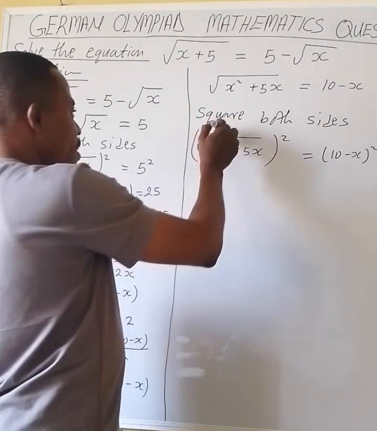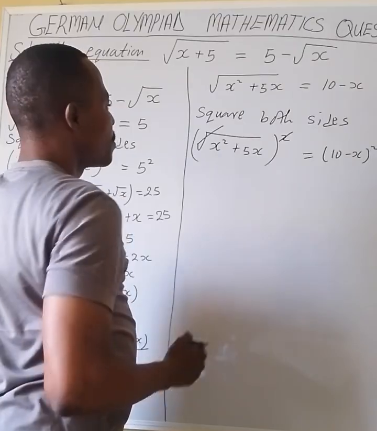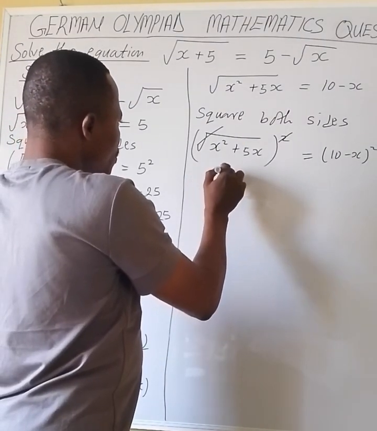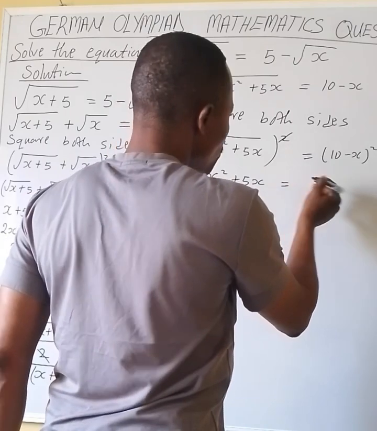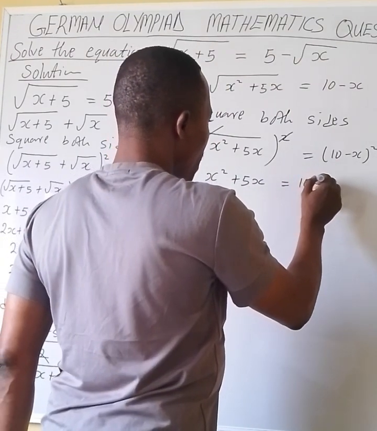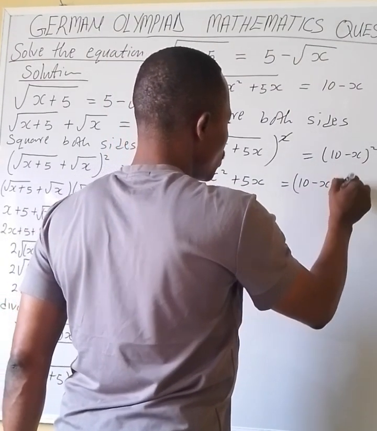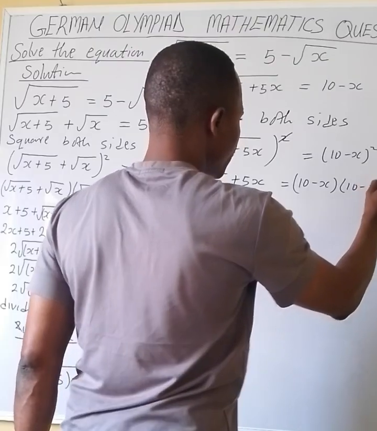In this case, this square root will cancel this square. So we are left with x squared plus 5x equals 10 minus x into 10 minus x.